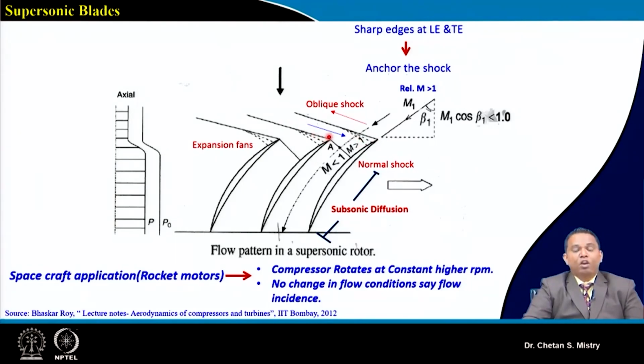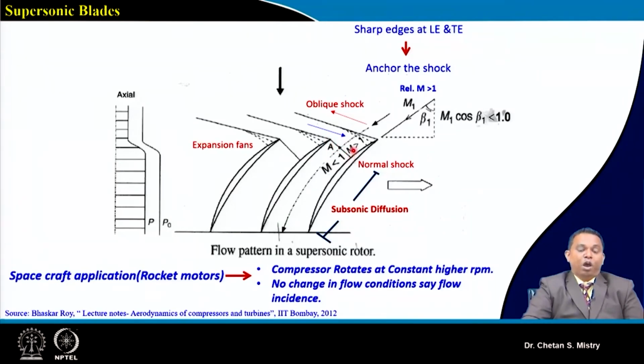Now the second leg of that oblique shock will be moving towards the suction surface of my blade. And here it is acting like a passage shock. Sometimes people define that as a normal shock. It is kind of a normal shock that is happening here.